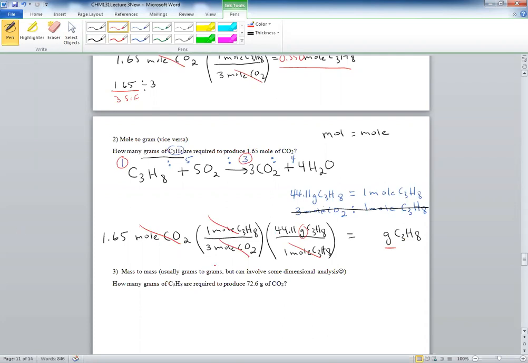So you multiply across and then you divide by 3. Which gives me that I need 3 sig figs, which comes out to be 24.3 grams. That's how I do the problem.